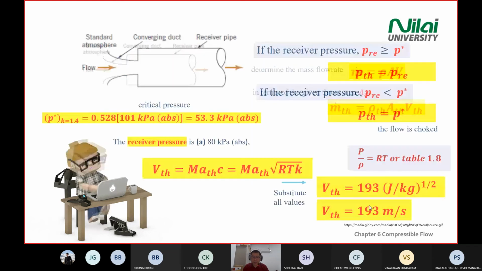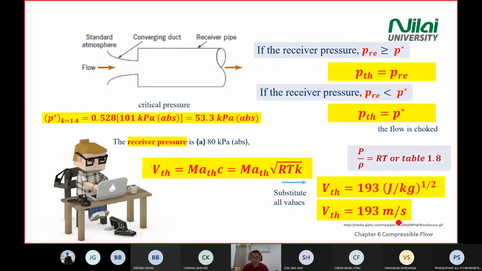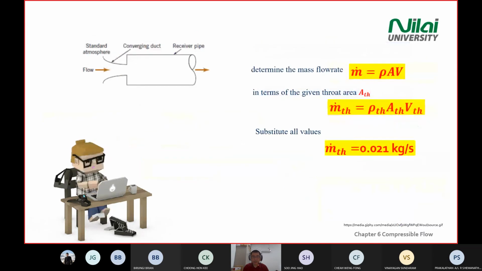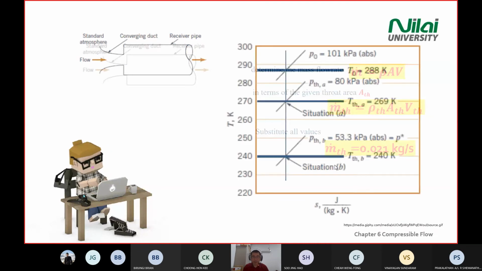So in the exam, the complete answer must arrive at meter per second. Don't stop here. And go back to the mass flow rate. You have rho at throat, area at throat. Area is given, right? Then the velocity you calculated, substitute all the values, and you get the mass flow rate.